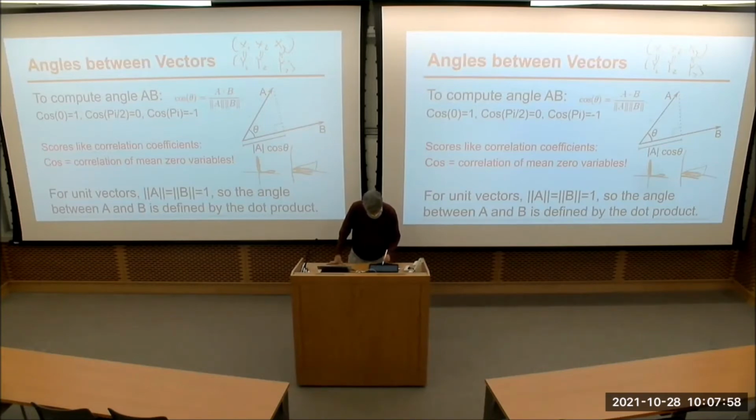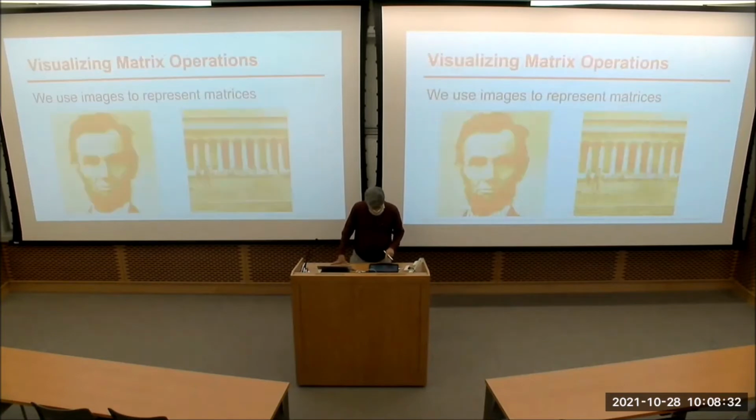And if you had an angle so big it was basically like a line, the cosine was minus 1. So when the cosine is positive, it's like a correlation that's high. When the cosine is 0, it's like the vectors have nothing to do with each other. In fact, they're orthogonal to each other. Any questions about that? So this is why people often talk about cosine similarity. Any questions?